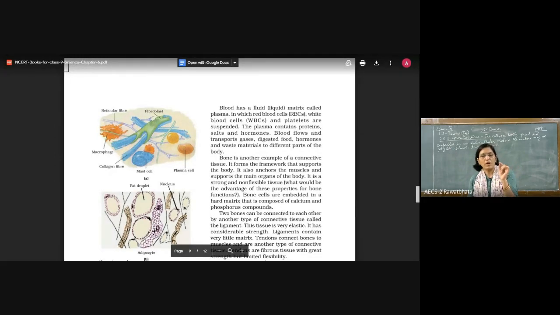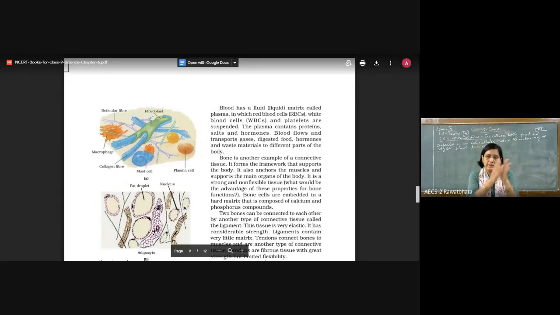If we are taking 1 cc of blood, in that there are around 4 to 5 million, I repeat, 4 to 5 million RBCs. Now, if you have a sample of liquid in front of you wherein you have small dots, 4 to 5 million all together in a small space, automatically that will appear as red only.